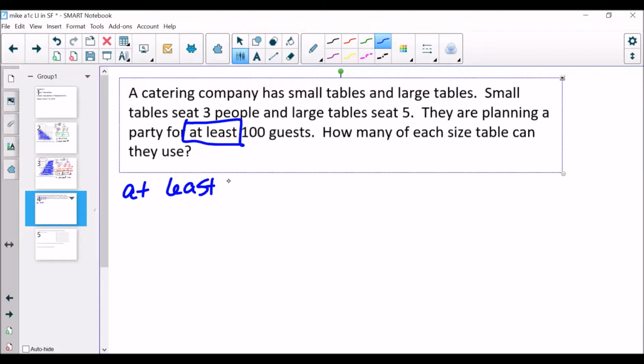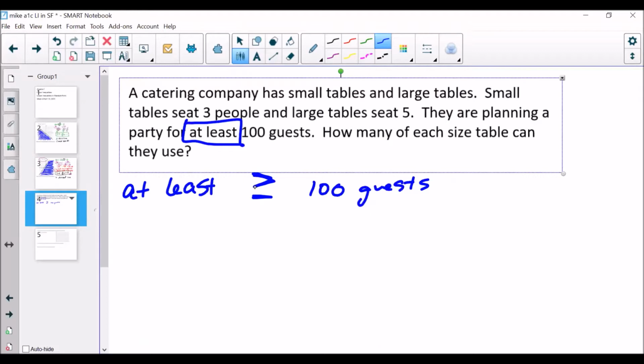So we know that we could have 100 guests exactly, or we could have more than 100 guests. All right, so this is going to be the greater than or equal to symbol here when we do this problem with 100 guests.